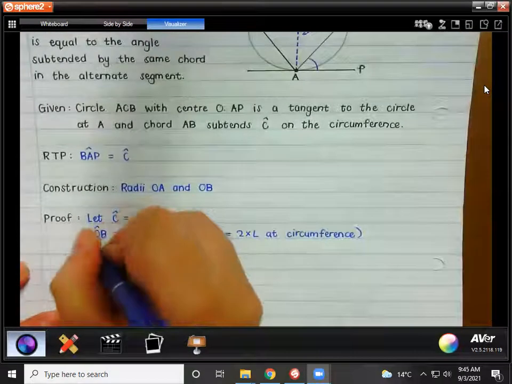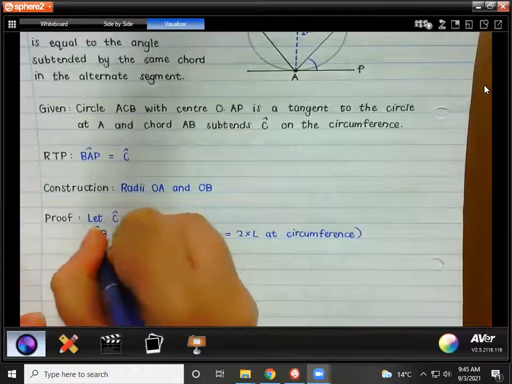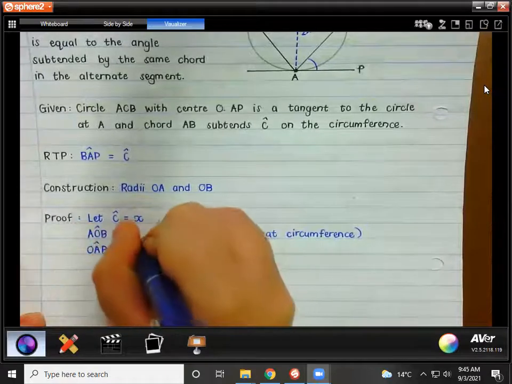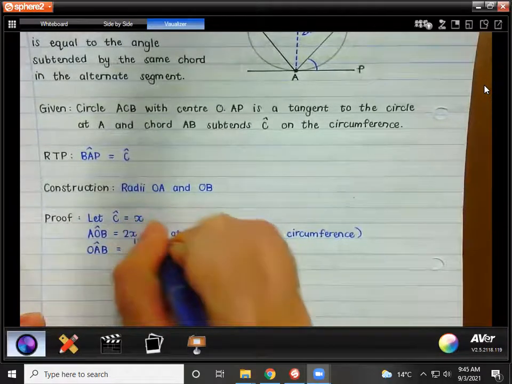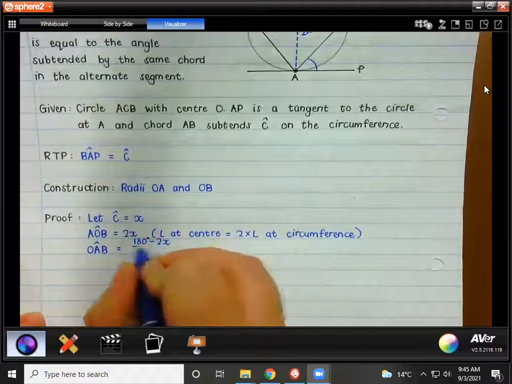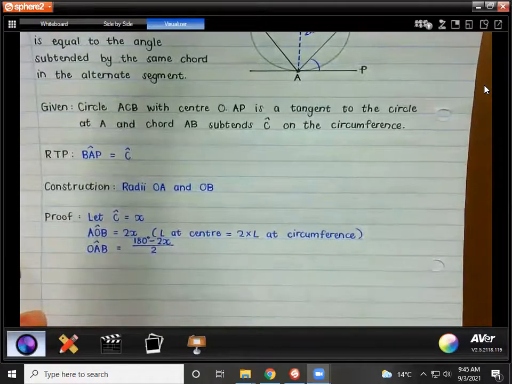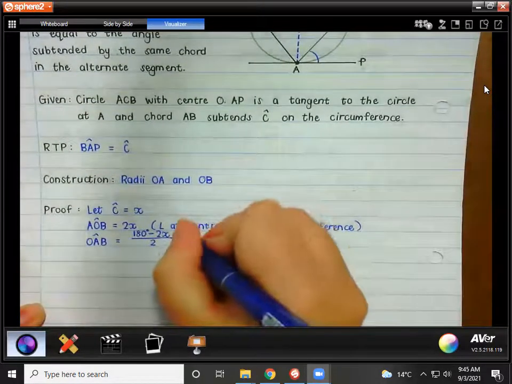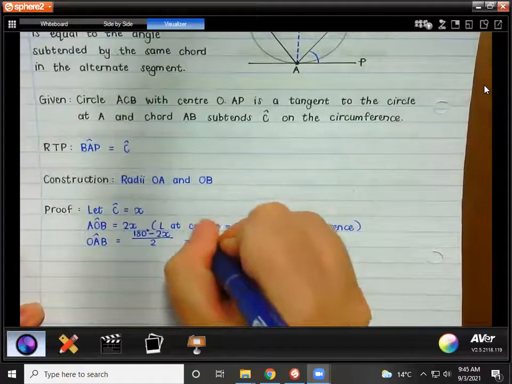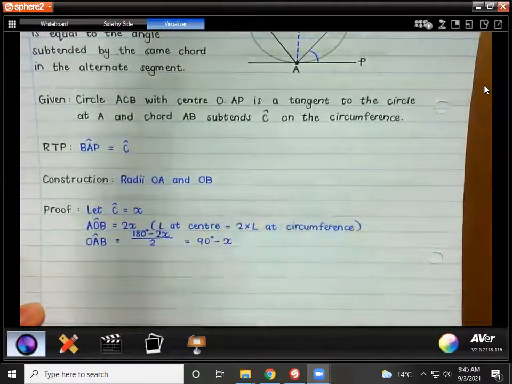So OAB is equal to 180 minus 2x over 2. And if we simplify that, we're actually going to get 90 minus x.